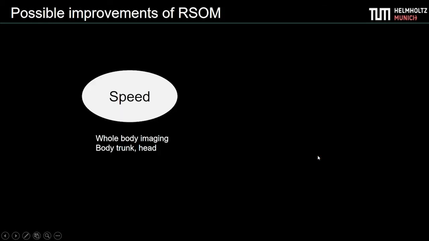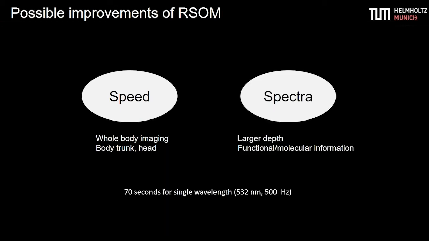And then we come to discuss possible improvements in RSOM. In the study we just mentioned, one of the issues is the speed, because we have a laser safety limit. This requires us to reduce the repetition rate of the laser, which slows down the scanning speed. For the first generation of RSOM, it normally took around 30 seconds to scan a single wavelength, for example the green light at 532 nanometers with a maximum repetition rate around 500 hertz.